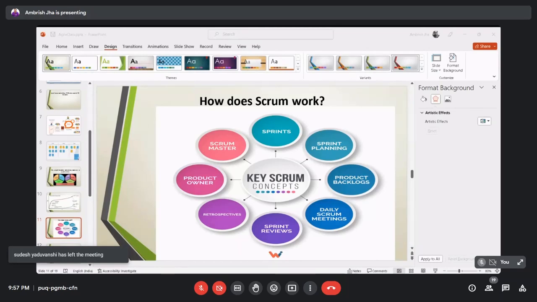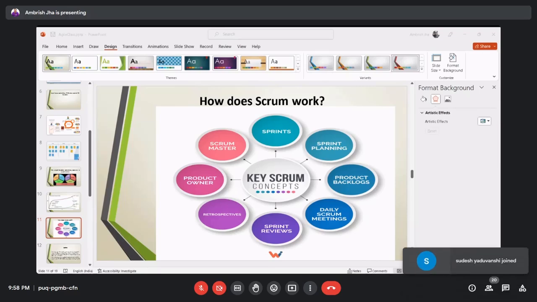And then we have a retrospection. Retrospection is another important meeting, held every 2 weeks if the sprint is 2 weeks: what we did well, what we did not do well, and what we can do to overcome the problems or challenges we faced in the current or past sprint.